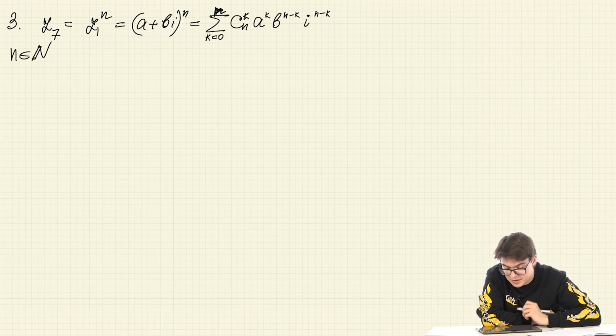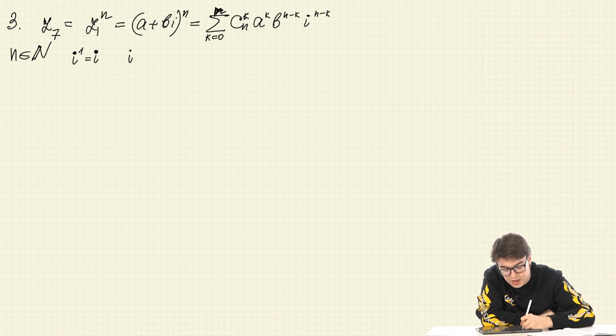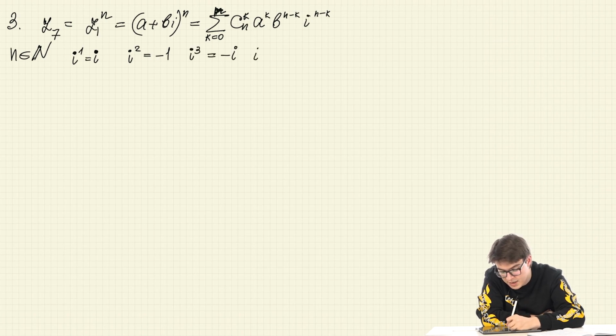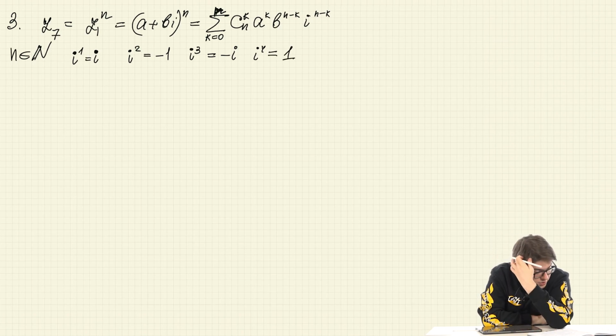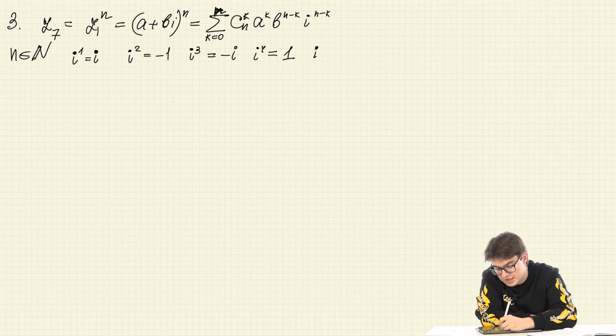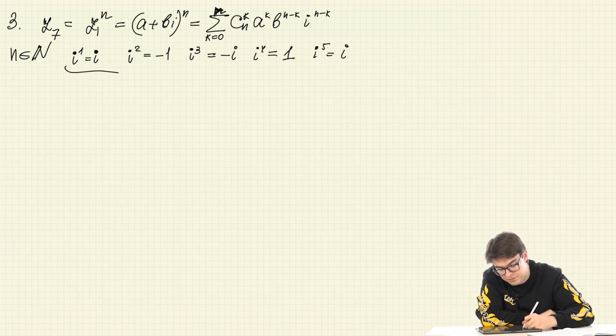And we stop for a few seconds and discuss that i in the power of 1 is i, the complex unit. i in the power of 2 is minus 1. In the power of 3 it's minus i. In the power of 4 it's 1. And so there is a cycle of 4, since i in the power of 5 is again i, yeah.